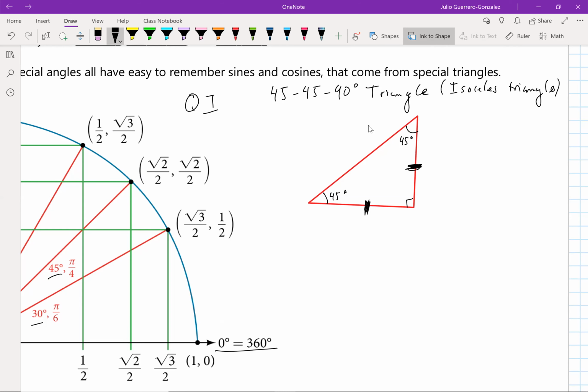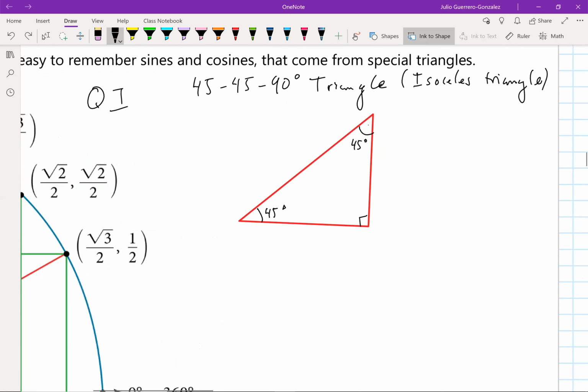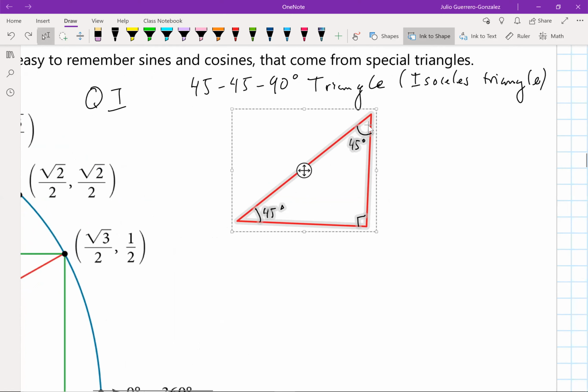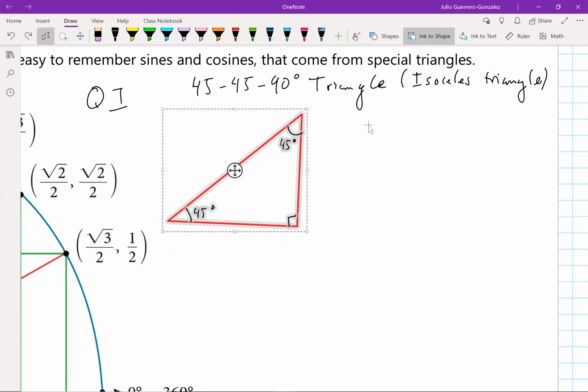So what does that mean? That means this. Let me actually move all of that over. Okay.